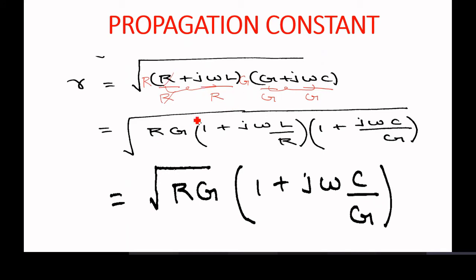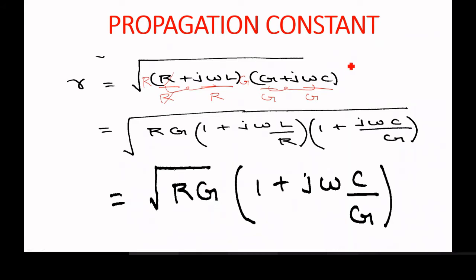So R gets cancelled, and we get 1 plus j omega L by R and 1 plus j omega C by G.